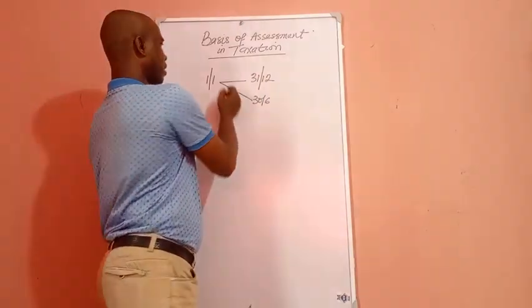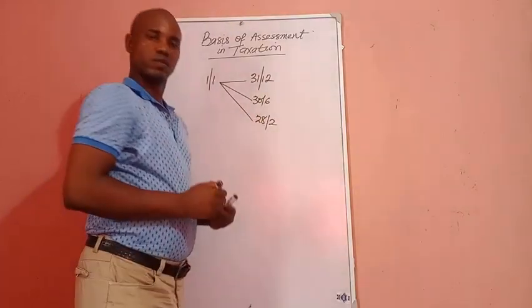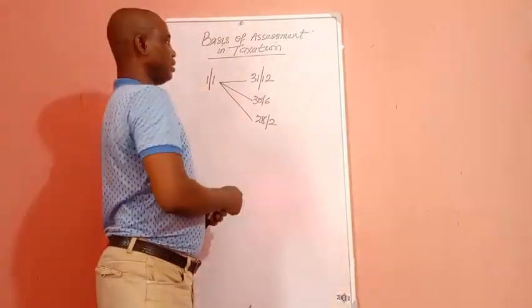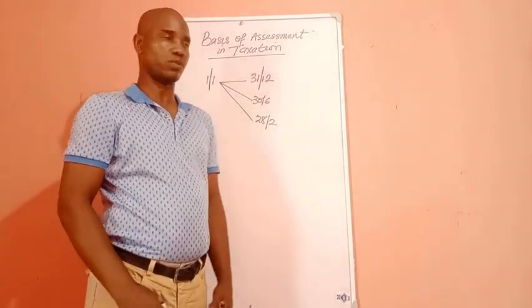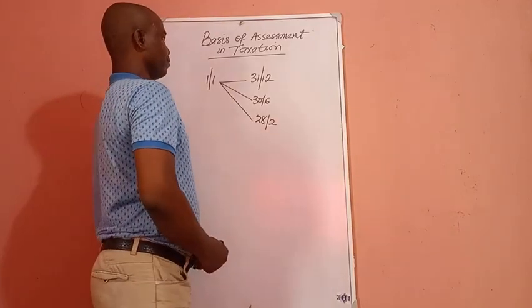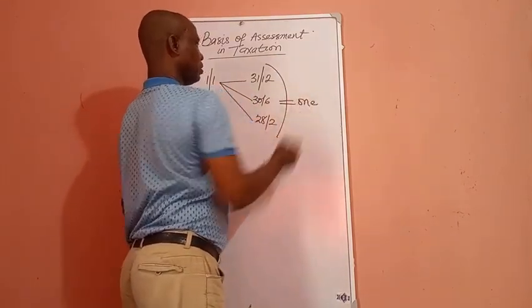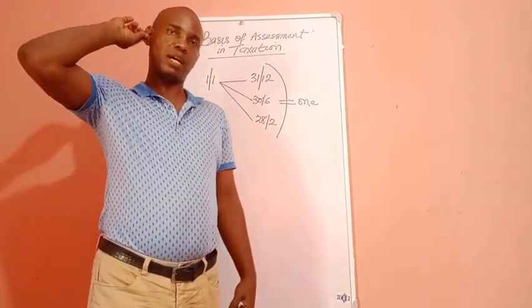December is 31. We have another date again that ends on 28/2 of every year. So I think these are the 3 dates that exist in taxation. It exists in accounting too. So now, I call all these dates just one date, depending on the month you are working with or the period you are talking about.